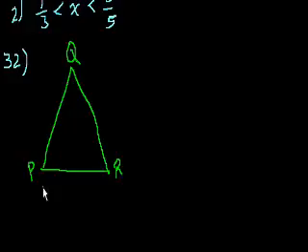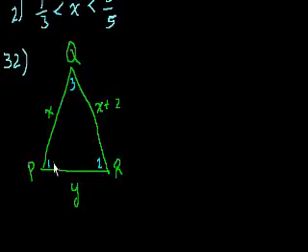If PQ is equal to x, so this distance is equal to x, and QR is equal to x plus 2, and PR is equal to y, which of the three angles of triangle PQR has the greatest degree measure? So they want to know which of these angles. They don't say 1, 2 or 3, but you need to be able to figure out which of these angles has the greatest degree measure.